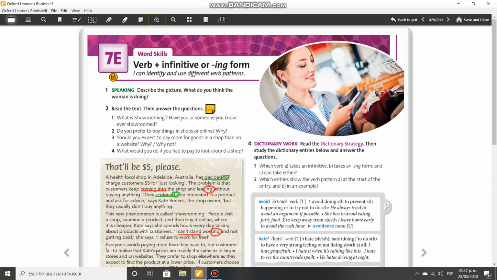Okay, maybe we don't remember it as a grammar tense, but we usually use these kinds of forms when we speak or when we listen to something. Okay, so let's start.